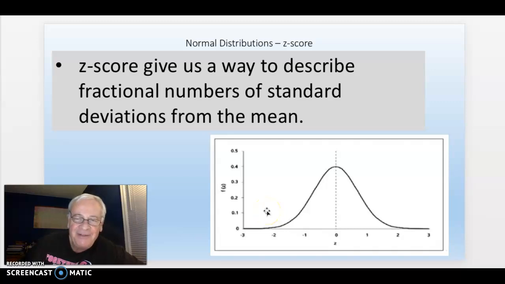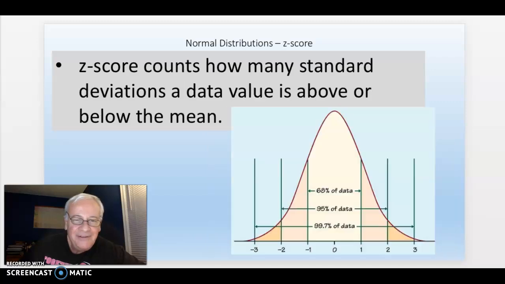We want to be able to measure those data points too. And that's exactly what a z-score does. It actually counts how many standard deviations some particular data value is above or below the mean.